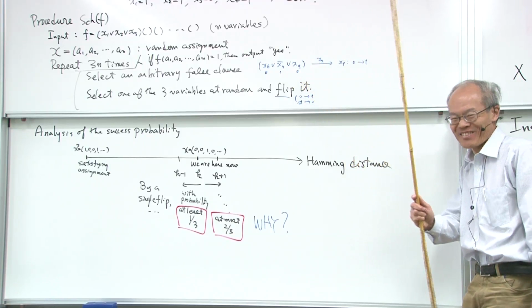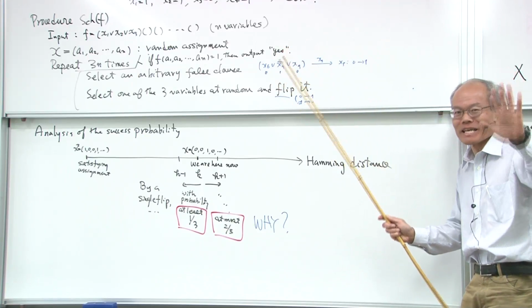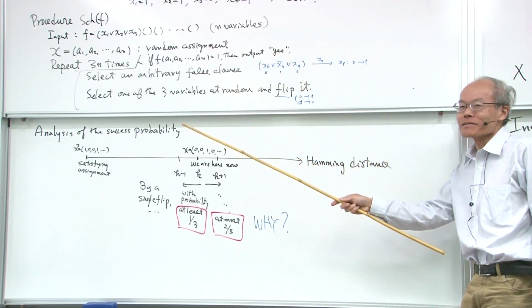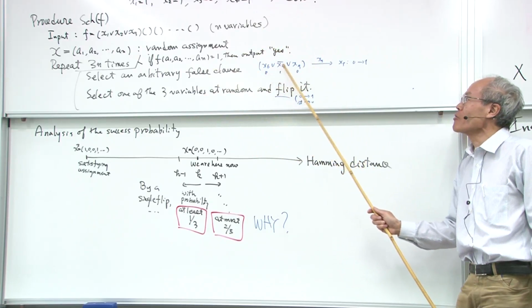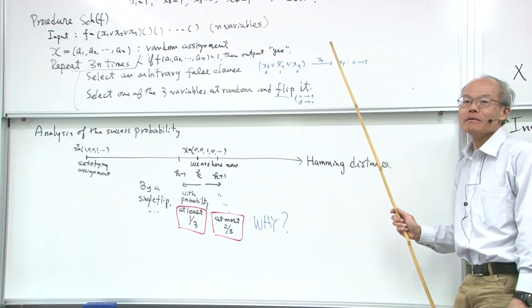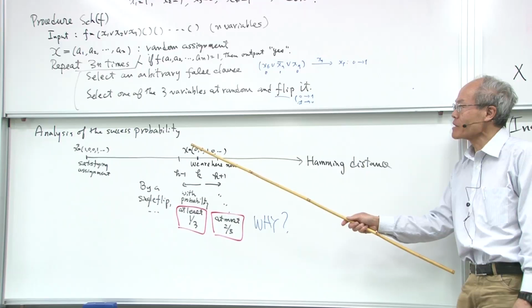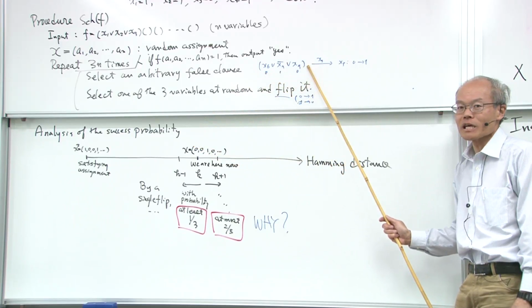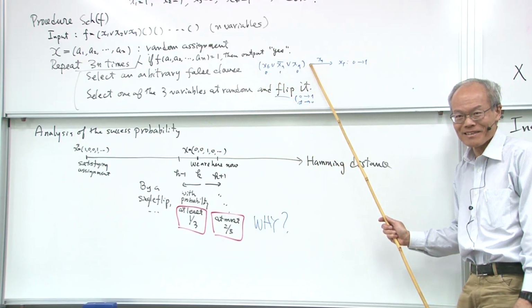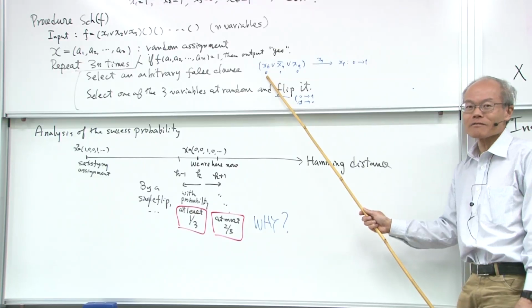Oh no, I'm sorry. Once again, the final answer should not be 0, 1, 0. At least 1 bit is different. Right? Because if the final answer is 0, 1, 0, then that is not a satisfying assignment at all. That means the final goal should be at least 1 bit different.